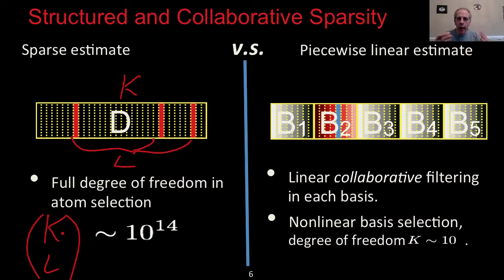If we take the regular sizes that we are using for image processing, patches which are 5 by 5 or 8 by 8, and then a dictionary which is 256 or 512 or 1000, and then sparsity in the order of 5 to 10, this number is about this order. It's a huge number, a very large number of subspaces that we can pick from.